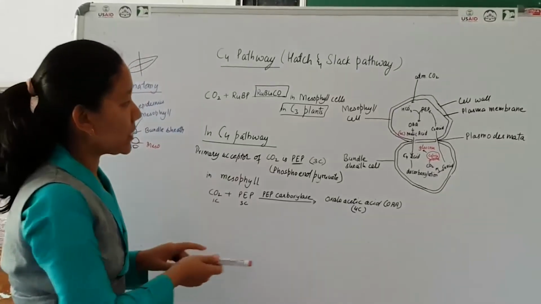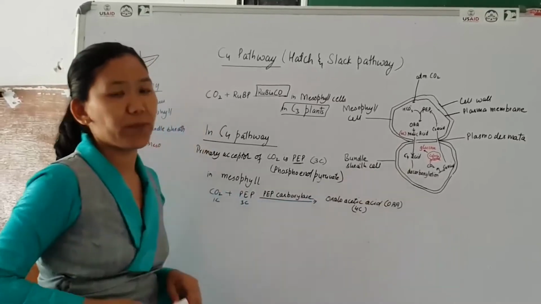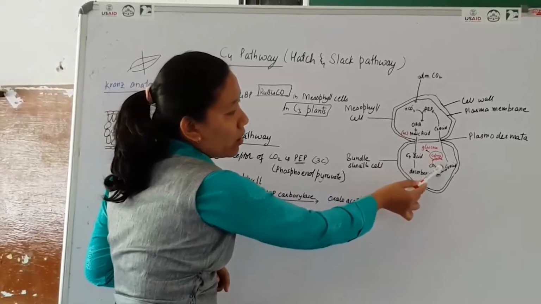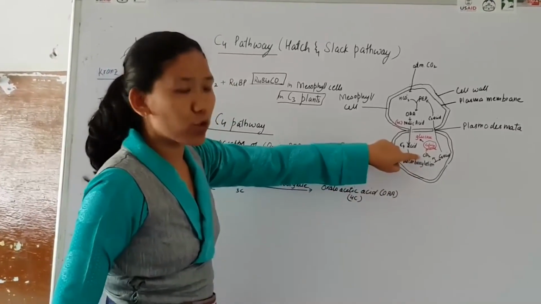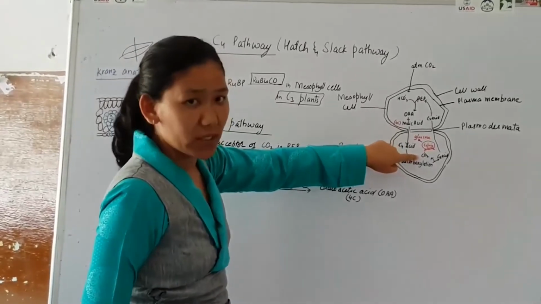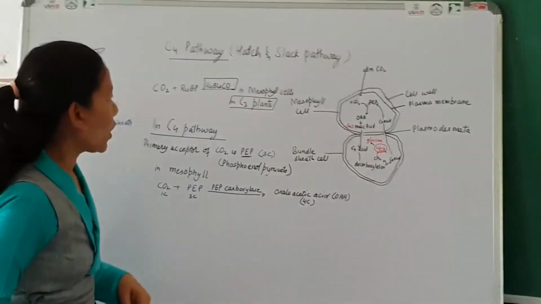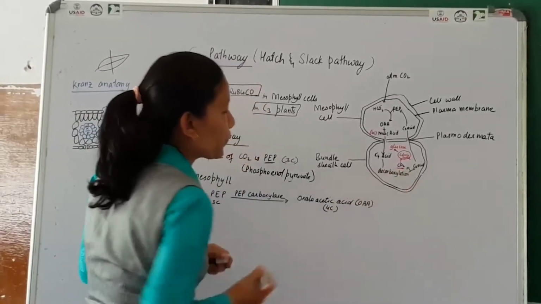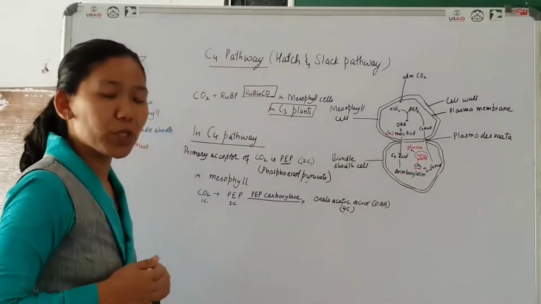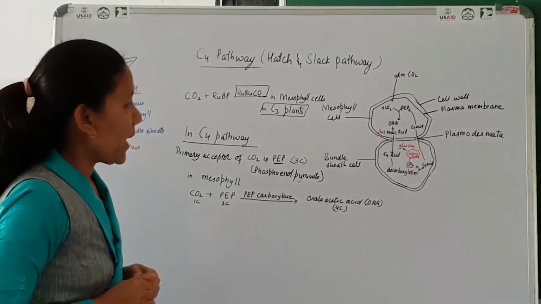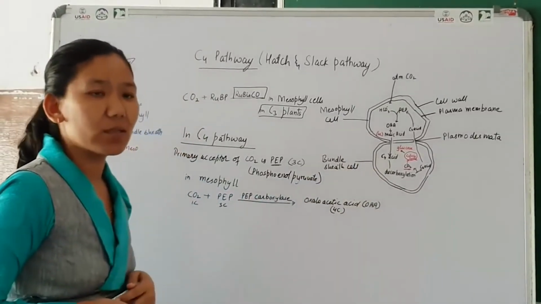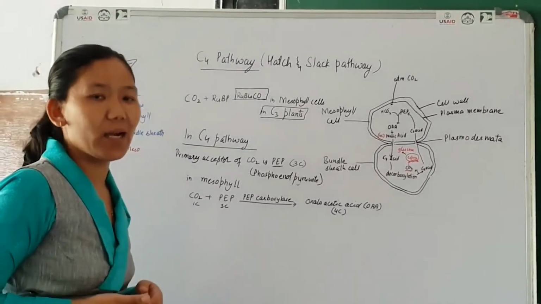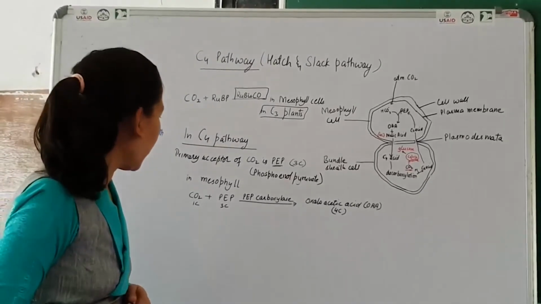But here, since the rubisco is present in the bundle sheath, the plant makes sure that there is more carbon dioxide, so that this rubisco can act as carboxylase. Okay, so this is a pathway through which maximum carbon dioxide is placed here, so that rubisco acts as carboxylase and carries out the Calvin cycle in the synthesis of glucose. Here, the production of glucose will be higher as compared to C3 plants.